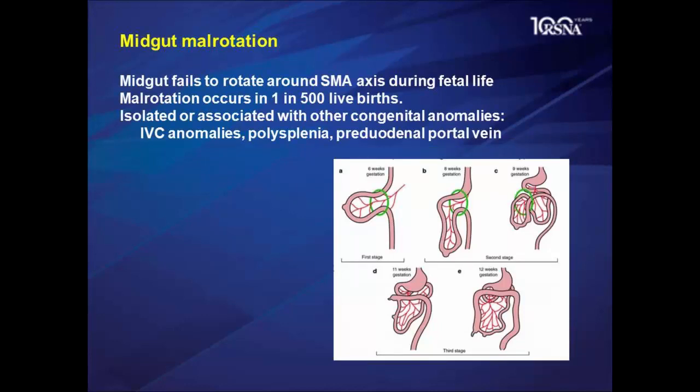Now, malrotation, we know that it's related to the failure of the midgut to rotate around the SMA axis during fetal life. It's a frequent entity, 1 in 500 live births. May be isolated, but often in our hospital we see it associated with a lot of congenital anomalies, vascular essentially, or heterotaxia.